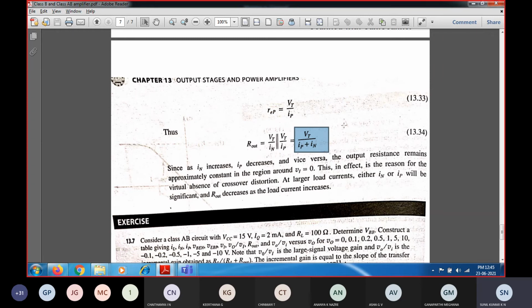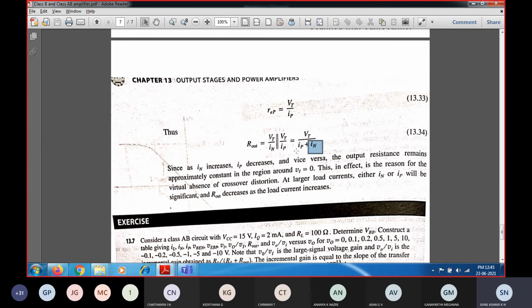In this expression, consider the values of IN and IP. Whenever the current IN is increasing, meaning during the positive cycle, the IN value is going to increase whereas the IP value is going to reduce, because during the positive cycle IP will be equal to 0 with respect to IN. The same way, during the negative cycle the IP value will be increasing, whereas the IN value is reduced by the same amount.